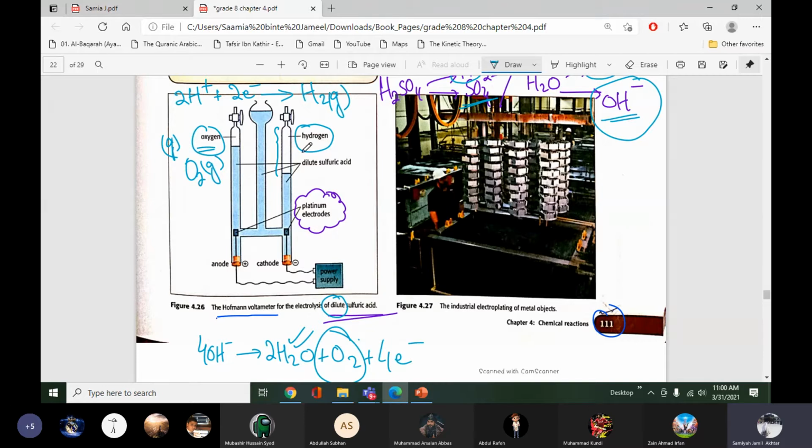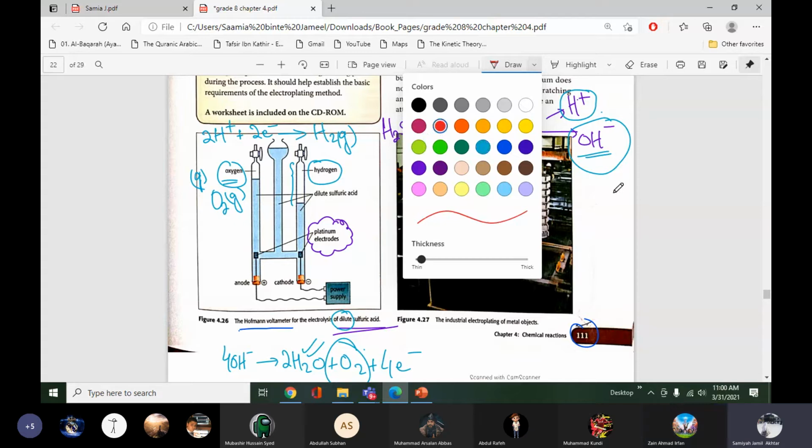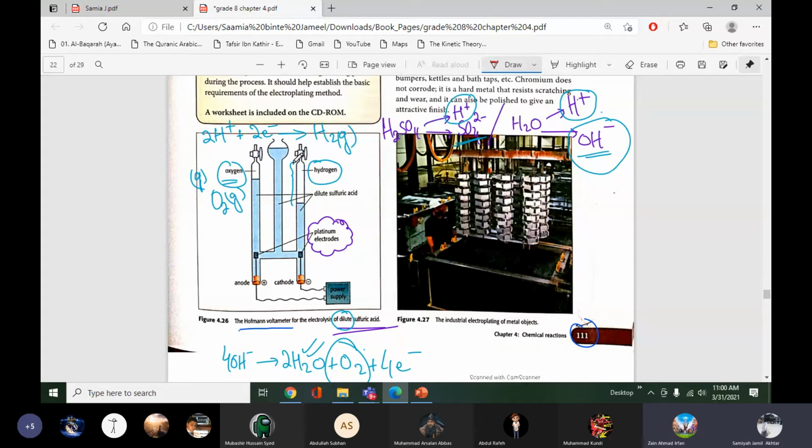Now, the last thing: you can see here that hydrogen gas is more in quantity as compared to oxygen. Can you tell me why? Why is hydrogen gas more in quantity than oxygen? See the diagram. Hydrogen is more, oxygen is less.